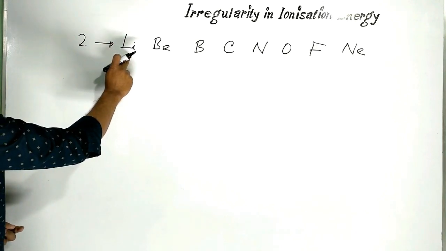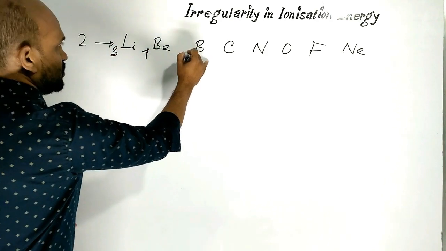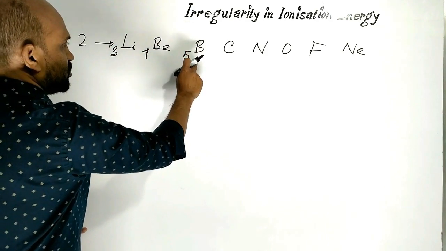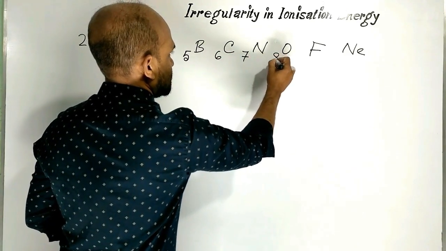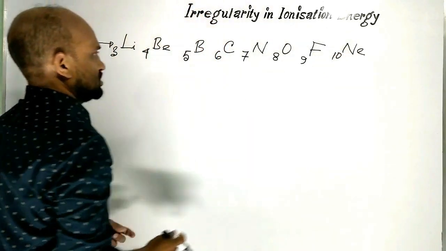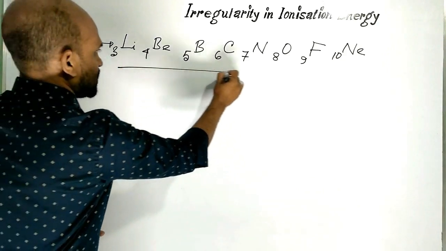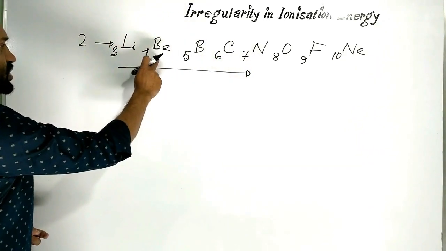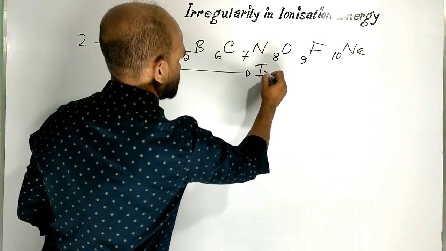Atomic number of lithium is 3, 4, 5 for boron, 6, 7, 8, 9, this is 10. We know from left to right along a period, ionization energy increases.